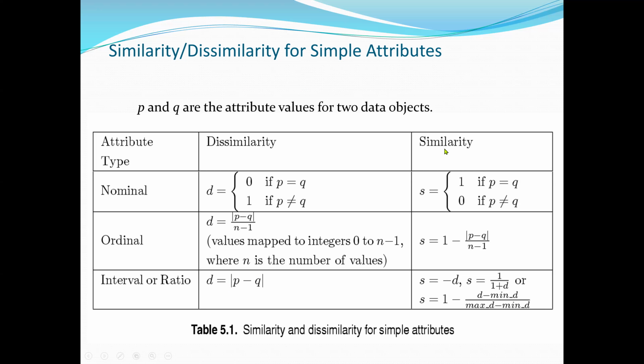Then if we are looking for the similarity, S will give us either negative D, or S is 1 over 1 plus D, or 1 minus D minus the minimum value of D over the maximum value of D minus the minimum value of D.